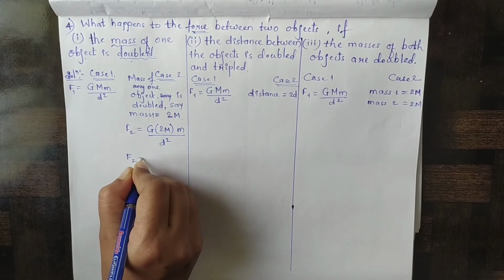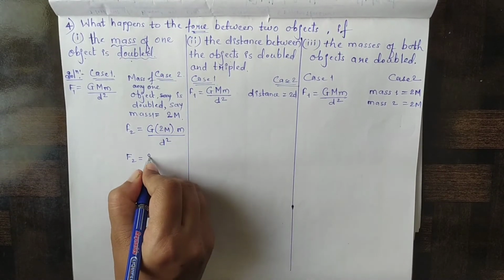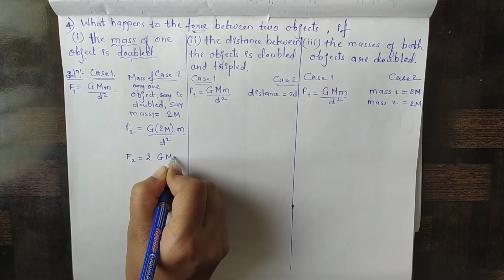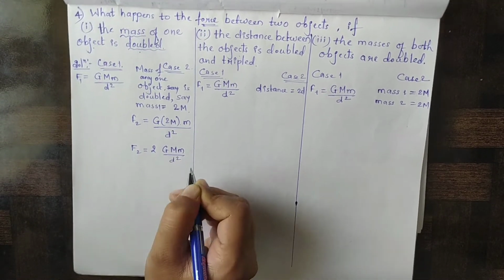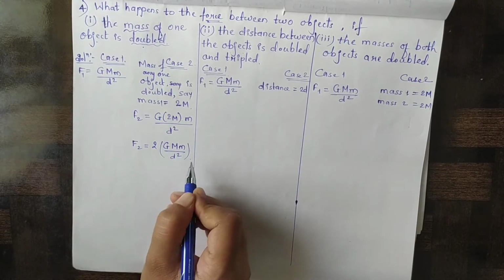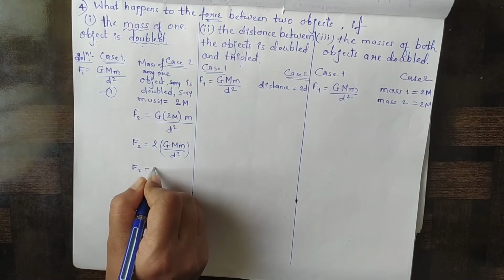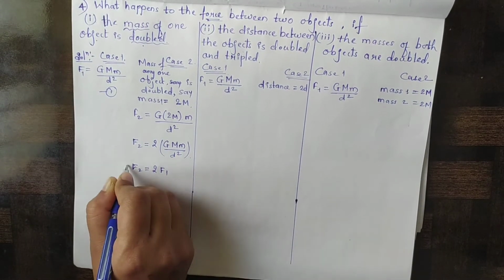We can write this as 2 into G M m upon D square, and this complete is F1. So F2 is equal to twice F1.